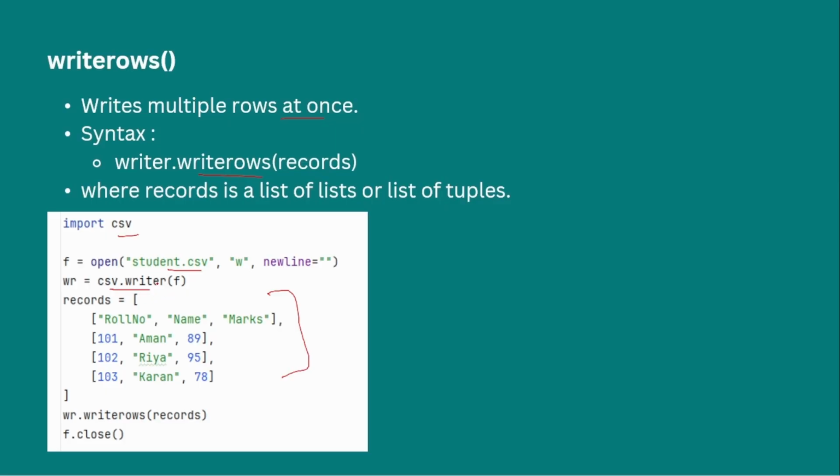Using the csv.writer, we are writing into the file. We have these records: roll number, name, marks, and 101 Aman 89, 102 Ria 95, 103 Karan 78, in the form of a list of lists. We write this entire record using writerows. So when we say wr.writerows(records), the entire record will be written into the file, and finally we are closing the file.